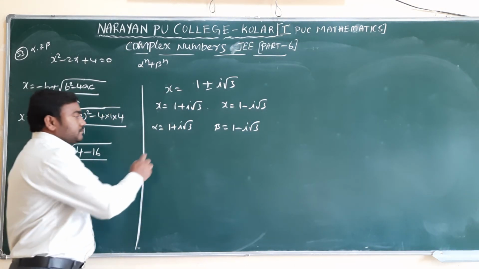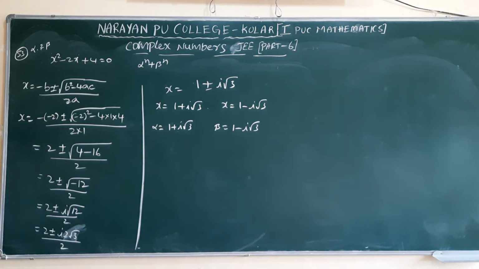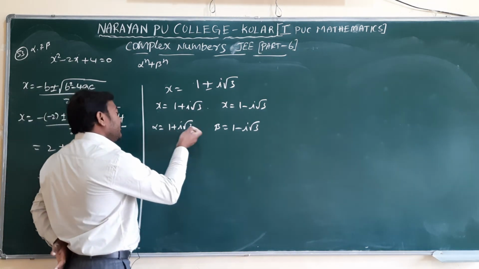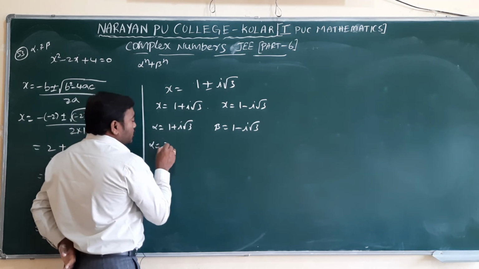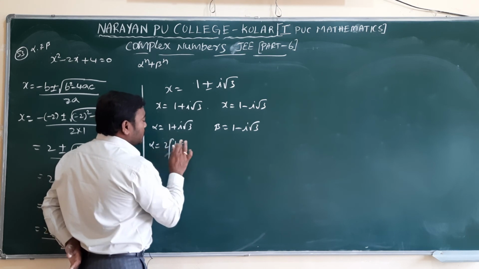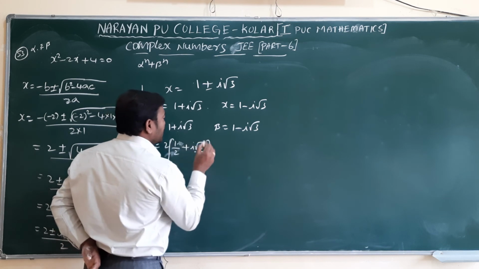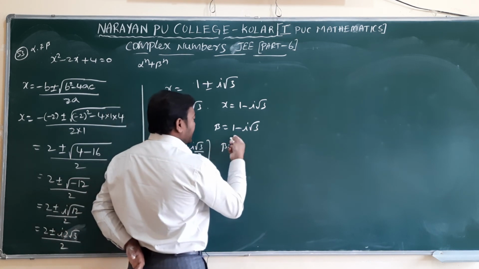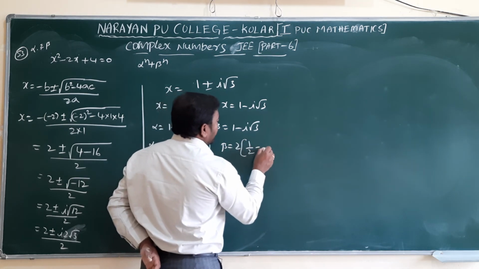Here we take 2 common, divide and multiply with 2, so alpha is equal to 2 into 1 by 2 plus i root 3 by 2. Here beta is equal to, also divide and multiply by 2, remaining 1 by 2 minus i root 3 by 2.